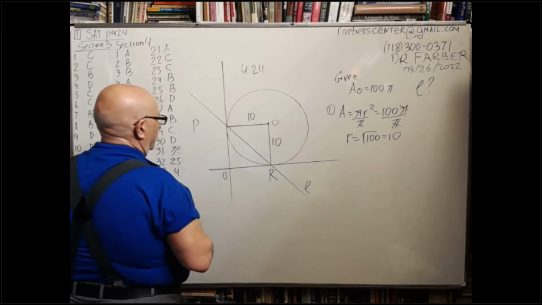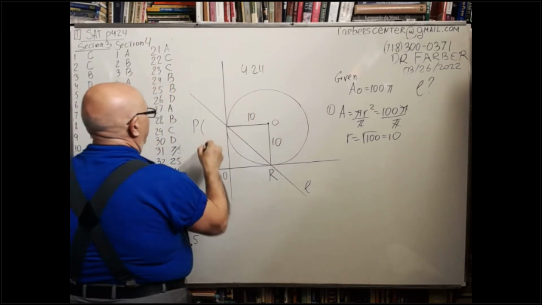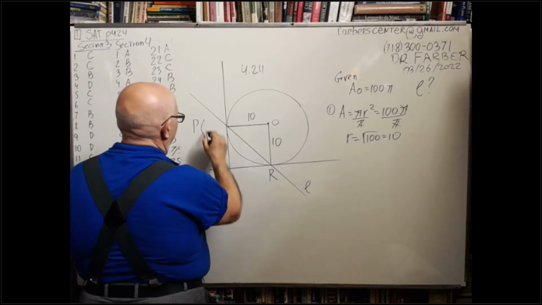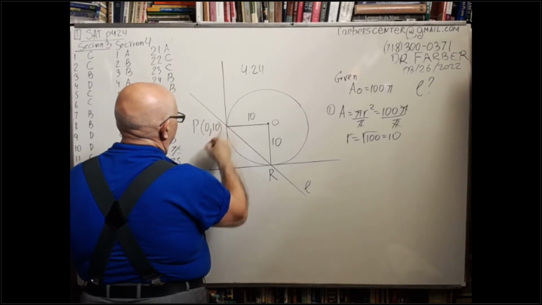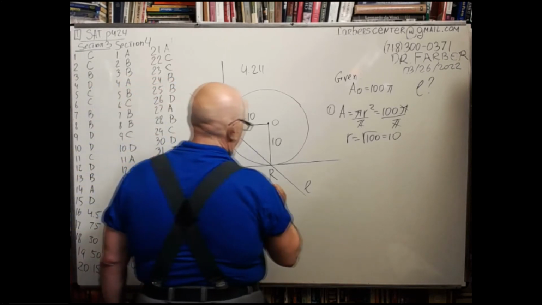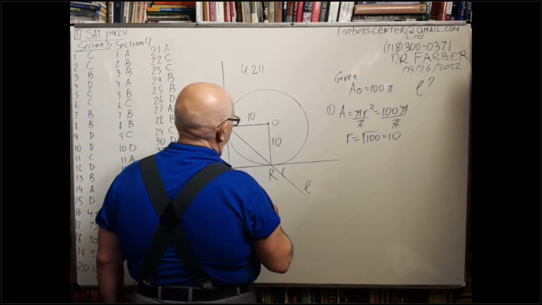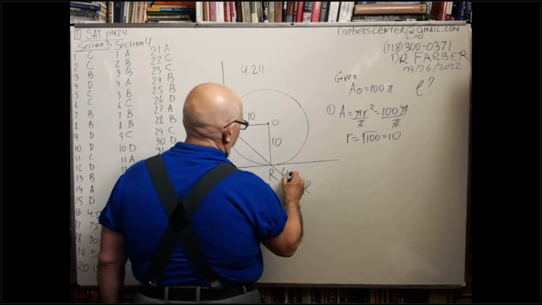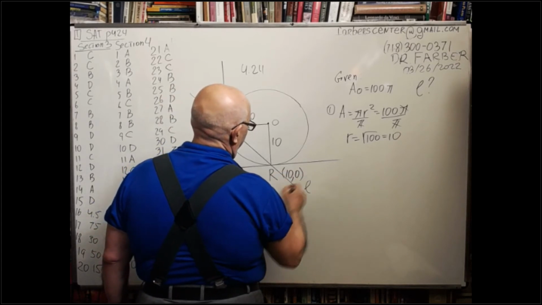You can write the coordinate of point P as x equals 0 and y equals 10. And the coordinate of point R will be x equals 10 and y is 0.